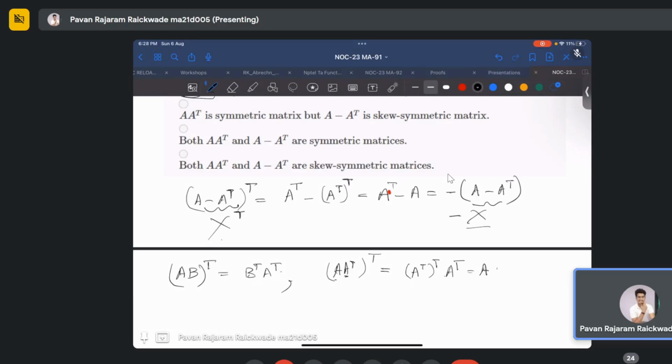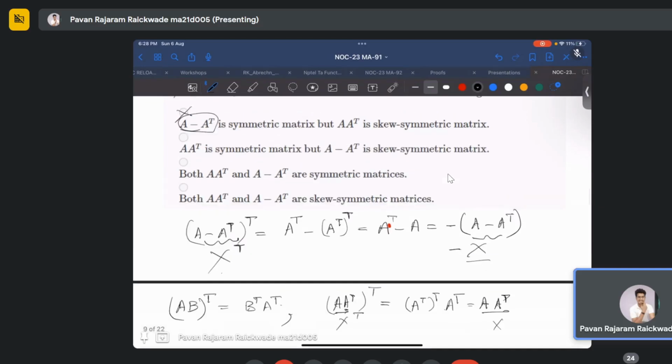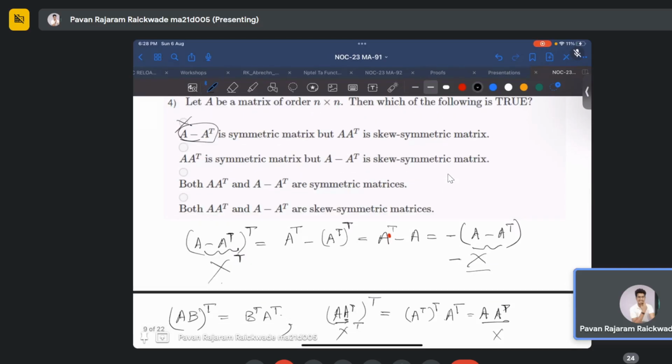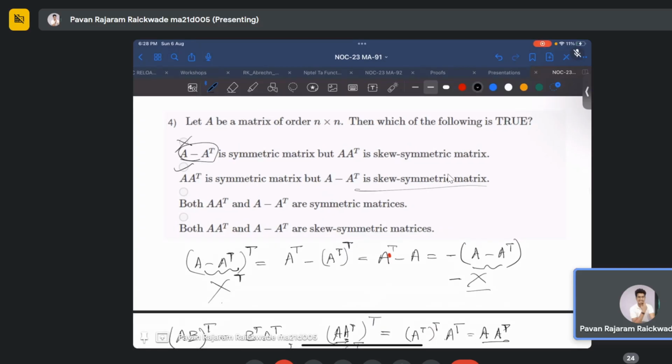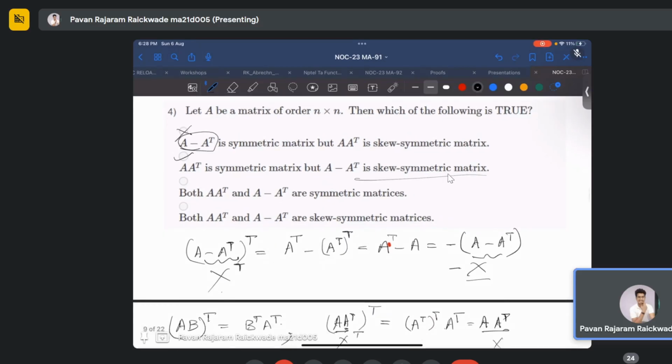This is A transpose again. So the transpose of the matrix is the same as the matrix we started with. So A transpose is symmetric. And as we have seen earlier, A minus A transpose is skew symmetric. Yes, X transpose is minus X. That is the definition of skew symmetric matrices. So option 2 is correct. You can check the rest too. That will be wrong.